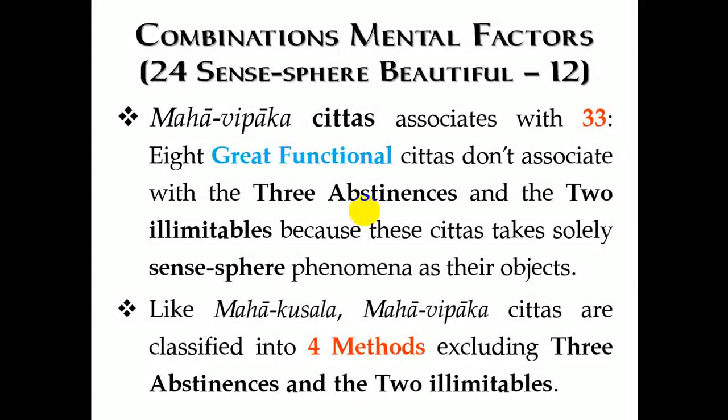The first pair, 33, second, 32, third, 32, and the fourth pair, 31, right? So now altogether we have 12 methods when we count 24 since we have beautiful Cheta, right? So now we finish 22, right? We still have another 30, right? Another 30.